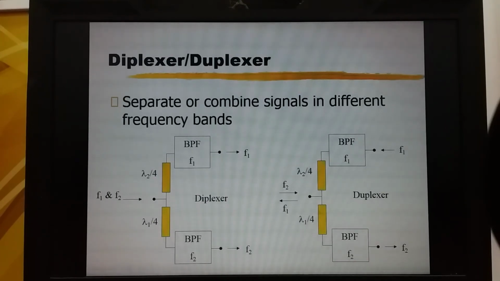When the signal frequency is F2, the bandpass filter with a center frequency of F1 will have a reflection coefficient close to 0 dB for F2.